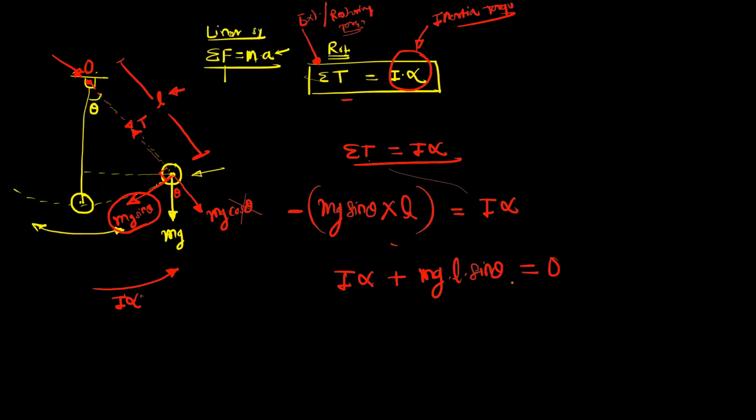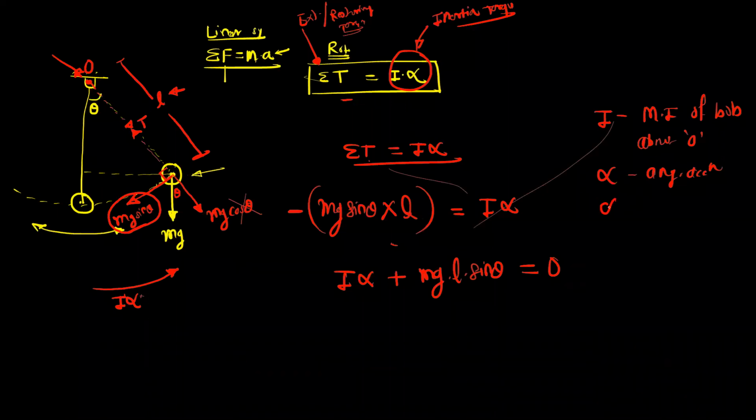Okay. Now here I is the moment of inertia of the sphere or bob about the pivot point O. Then alpha is the angular acceleration. So this angular acceleration we will write in terms of theta.